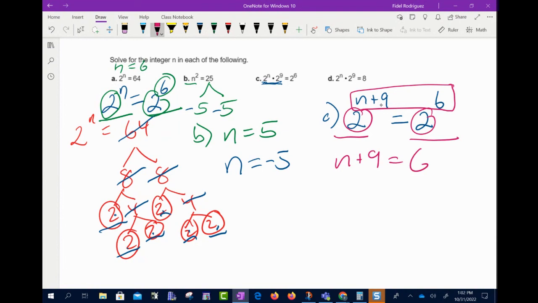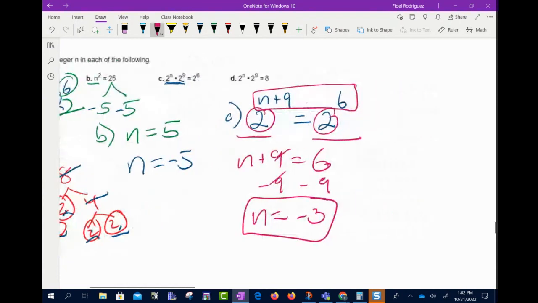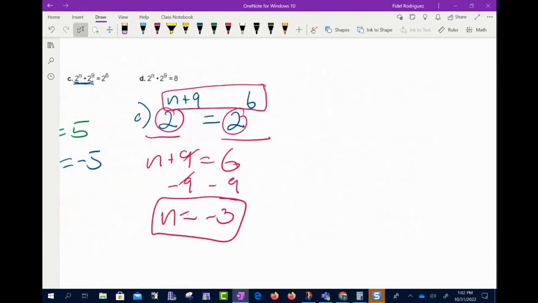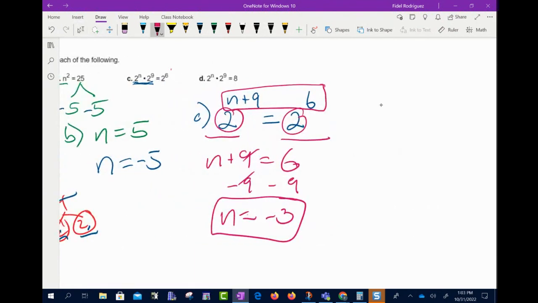So if I was going to solve for n, what would I do? I'd have to subtract 9. And if I have $6, but I owe you 9, I'm going to owe you 3. That's why it's a -3. Okay. Because it's a 6 right here.